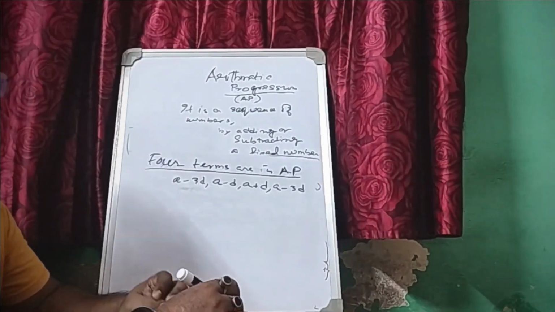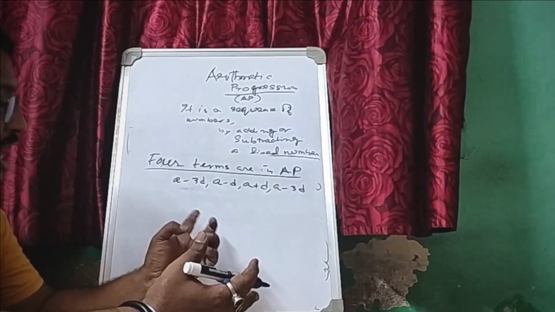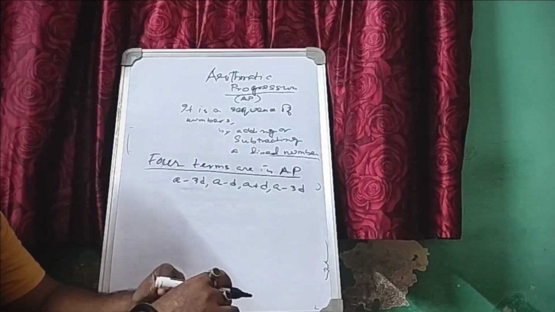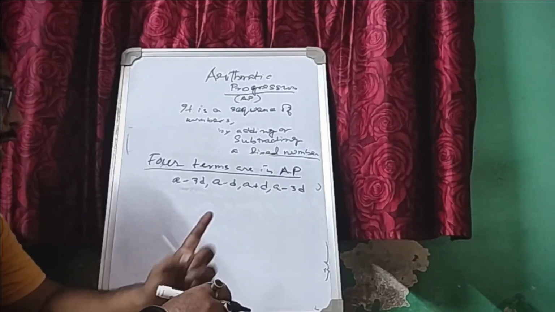Then a question arises in your mind, sir, how do you take this type of terms? It's also a calculation, but in this video it's not possible to show you how I calculate this.